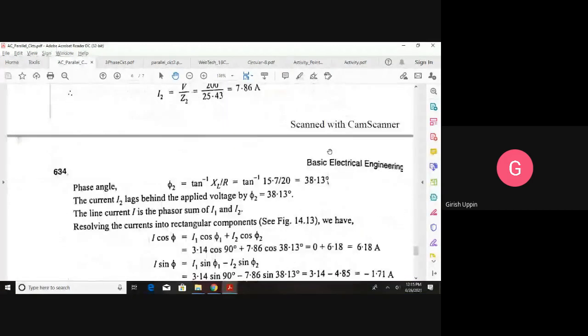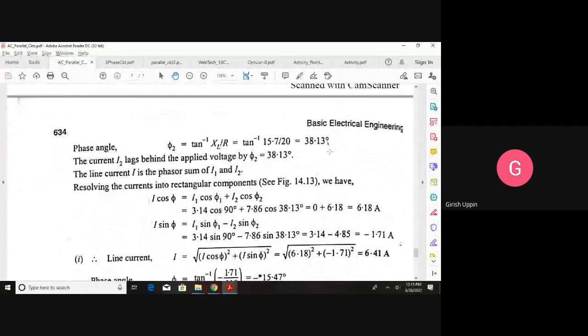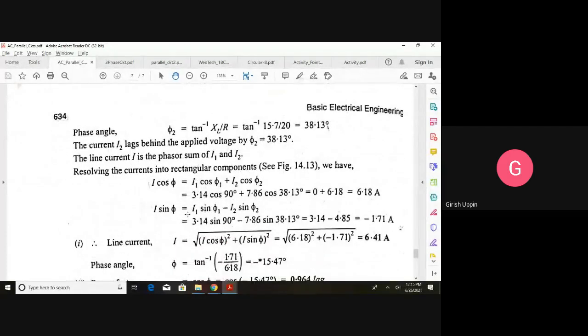Now we can find the total current by getting the components on the x-axis. So I cos phi is equal to I1 cos phi 1 plus I2 cos phi 2. I1 we already know, phi 1 we know, I2 we know, and phi 2 we know. You substitute the values: 3.14 into cos of 90 plus 7.86 into cos of 38.13.